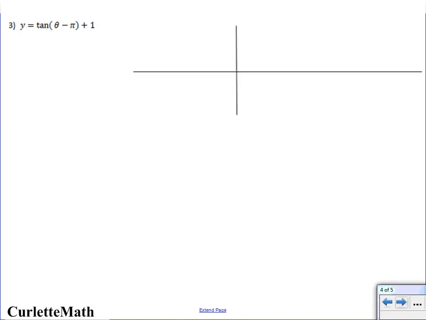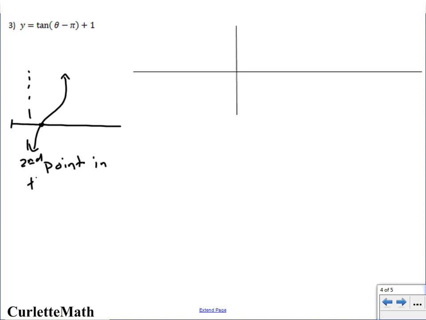Looking at number 3, okay, we have the tangent function, so it's going to have a graph that looks like this, and we don't start at the first notch, we start at the second point or the second notch in the period. Well, we need to find out what that period is.